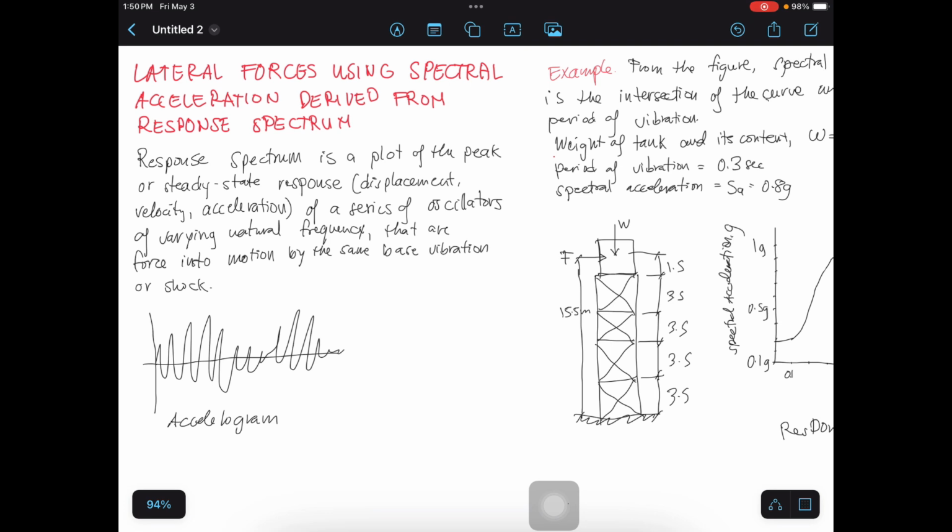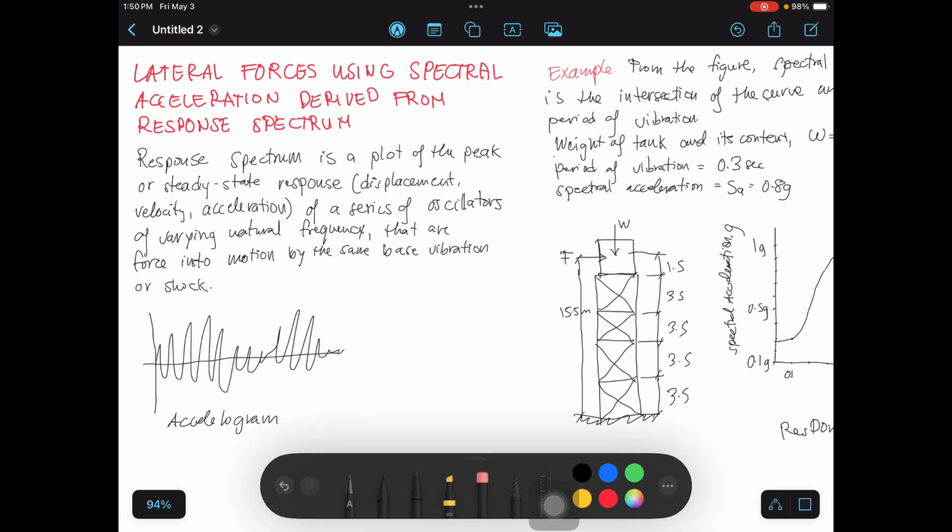So, response spectrum is a plot of the peak or steady state response, which are the displacement, the velocity, and acceleration. We have a series of oscillators of varying natural frequency that are forced into motion by the same base vibration or shock. So, that is yung kapag may earthquake.